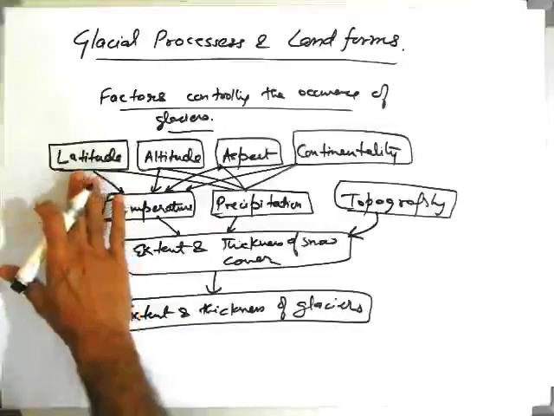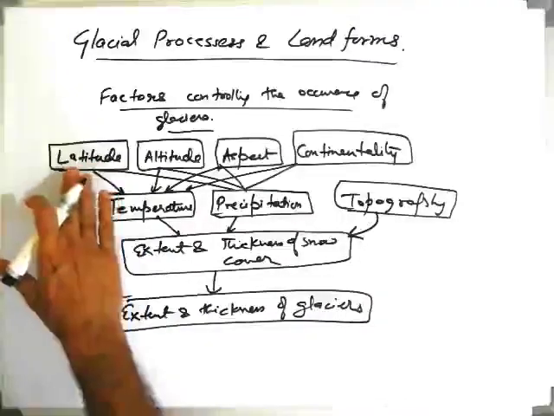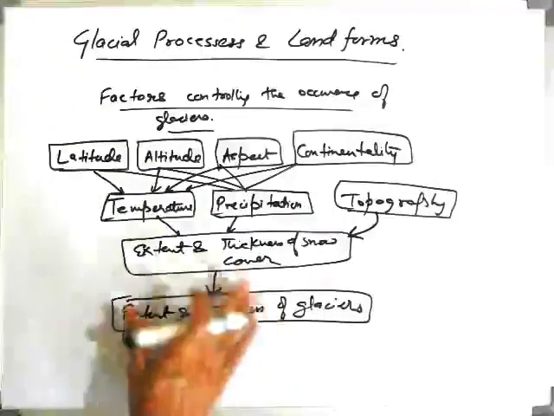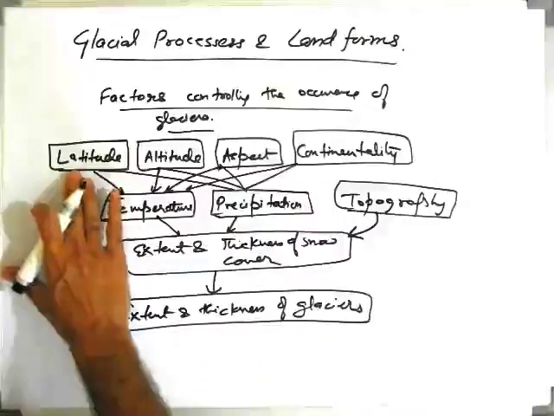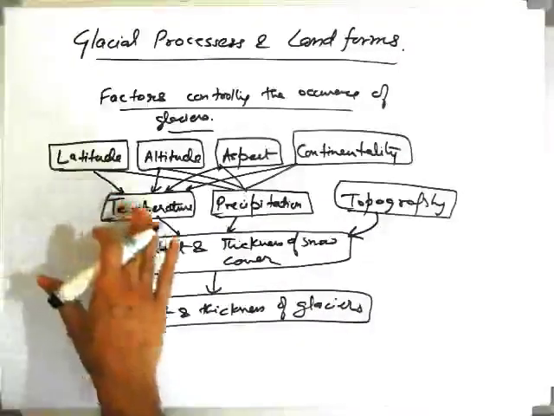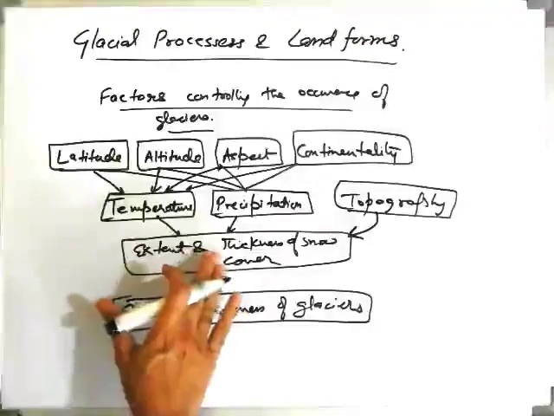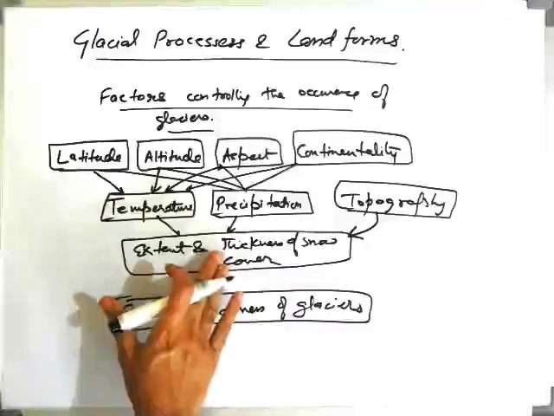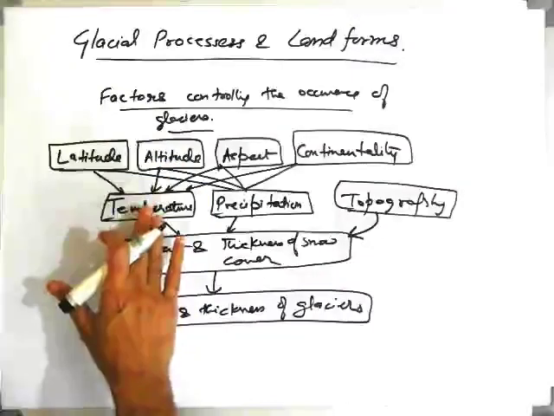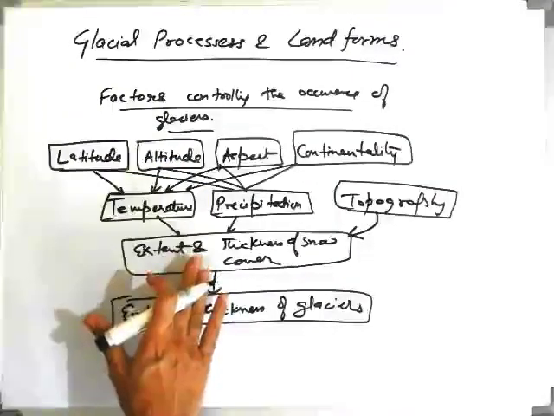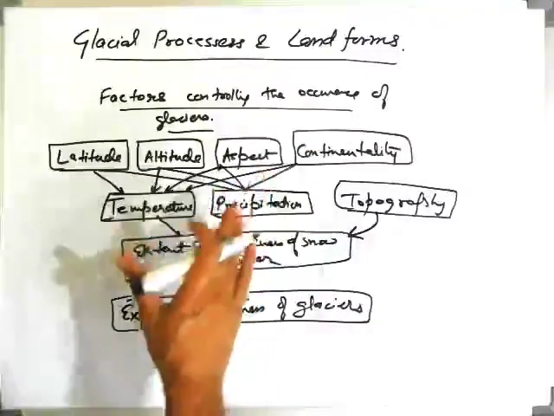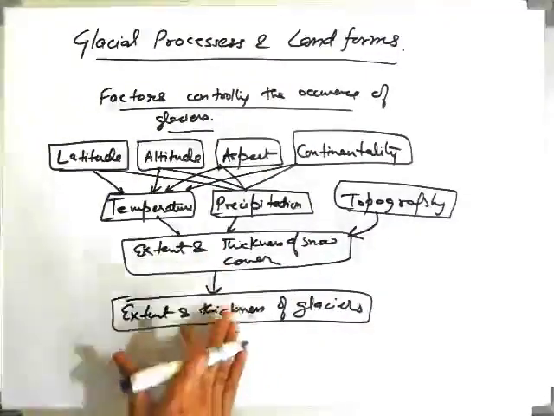Now, it is easy to understand how latitude will control the glacier's thickness and extent, because you know that in the polar latitude it is very cold, and because of that cold environment there are more chances of snowfall, and then it will evolve into glacier. Similarly, high altitude regions have low temperature, they can have more snow. If there is enough moisture, then they can evolve into glaciers.